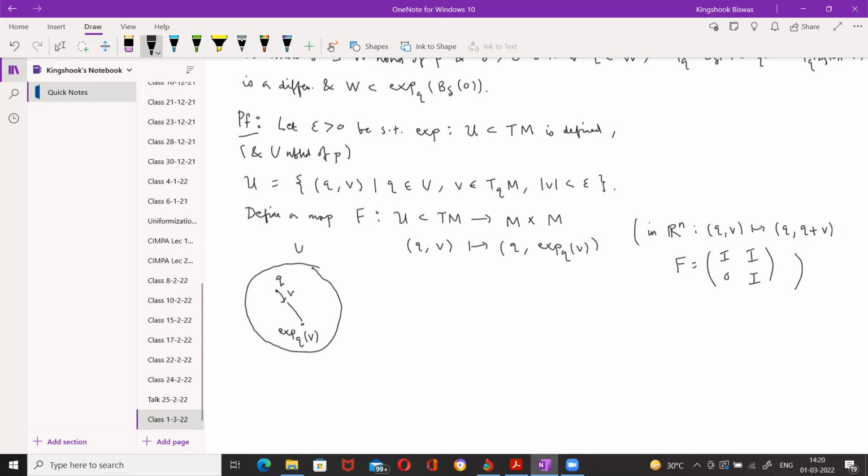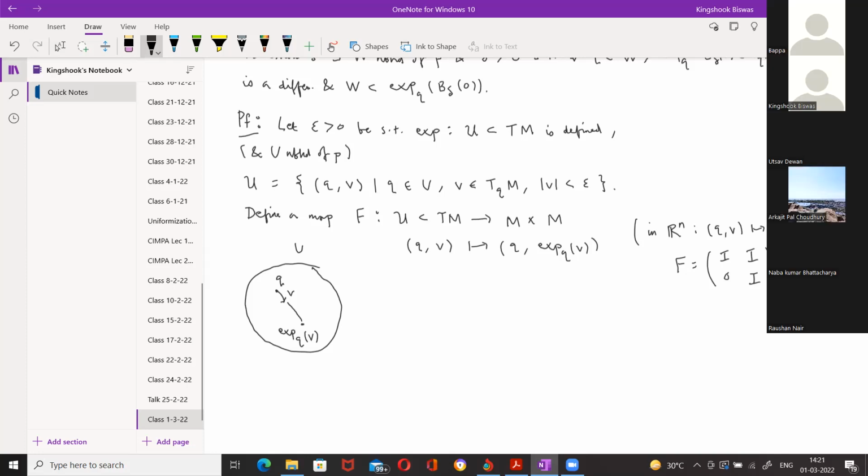This first row would be the first component. So that's Q and V. So you'll have identity here. If I multiply this by (Q, V), F of (Q, V) is this times (Q, V). It should be the other way around.